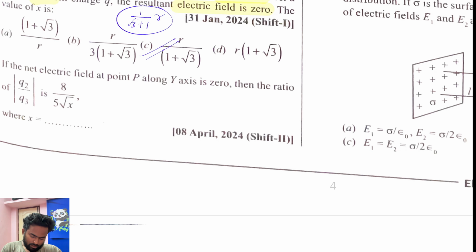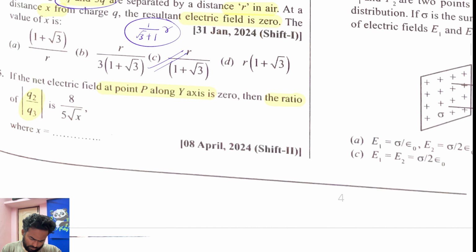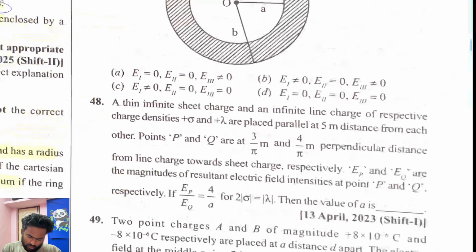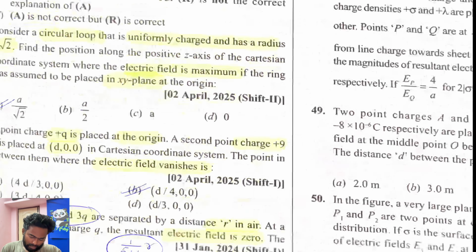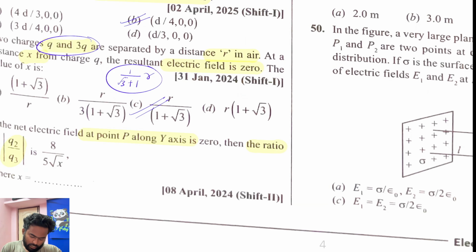Next, if the net electric field at point P along the y axis is 0, then find the ratio of q2 by q3. Any question here? Oh yes, the diagram is given here. The net electric field at point P along the y axis is 0.